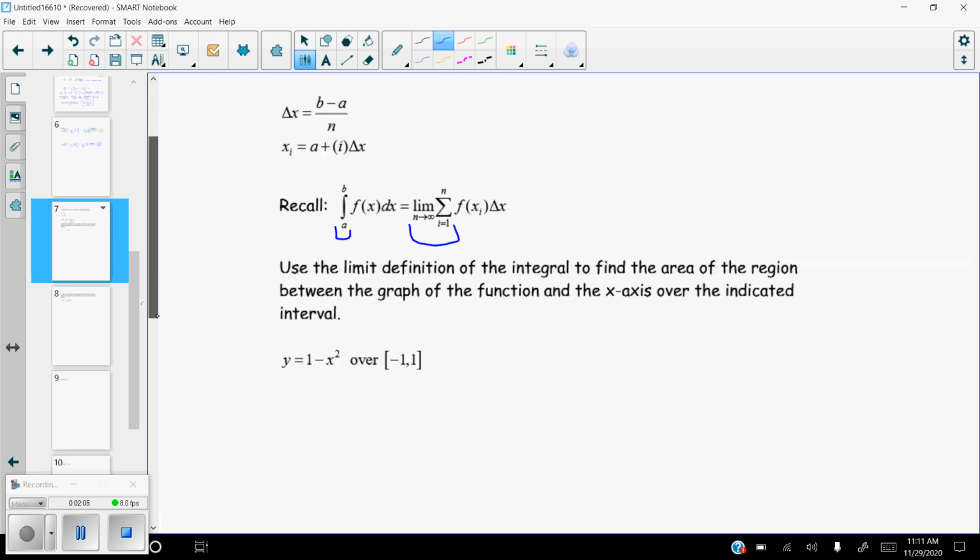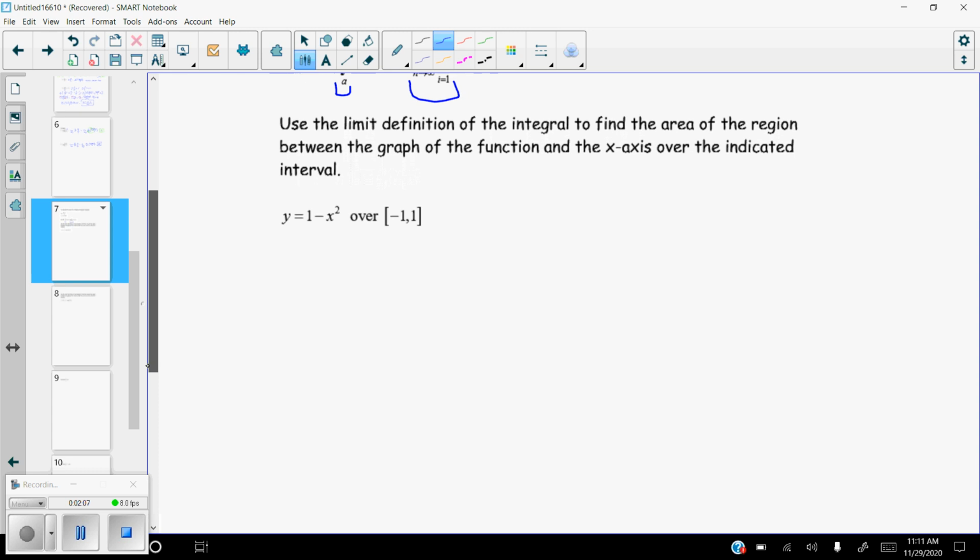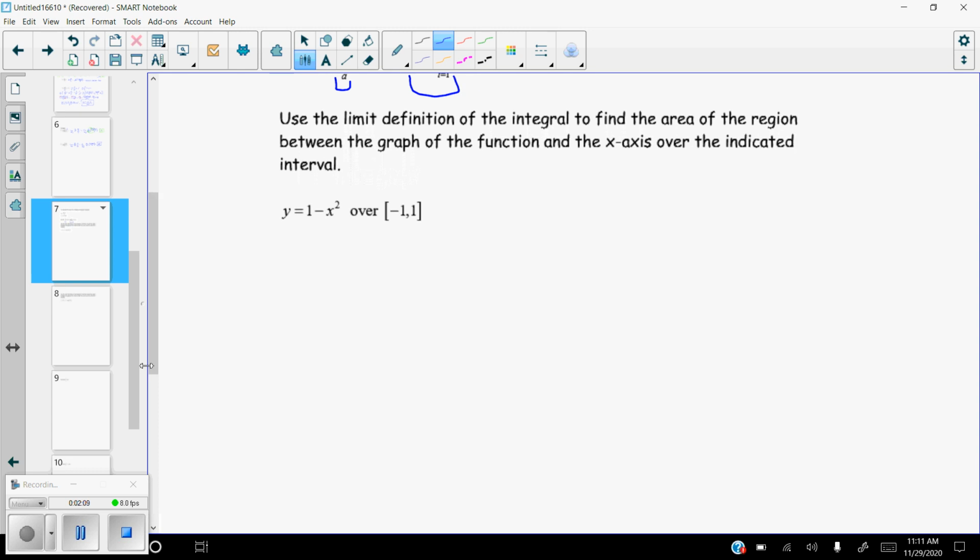Okay, so let's use the limit definition of the integral to find the area of the region between the graph of the function, the x-axis, over the indicated interval. So we're going to have y equals 1 minus x squared, there's our function, that's our f of x, over the interval from -1 to 1. According to this, let's write it in the notation.